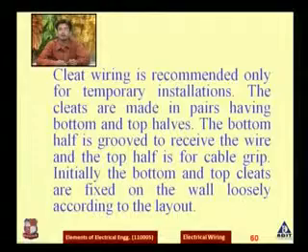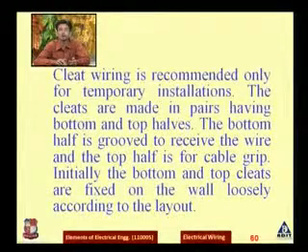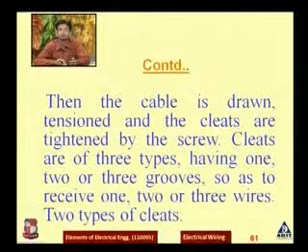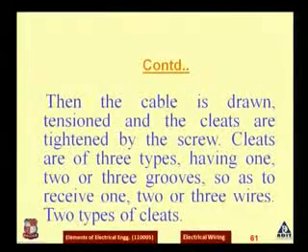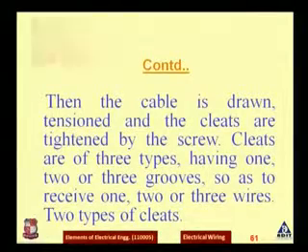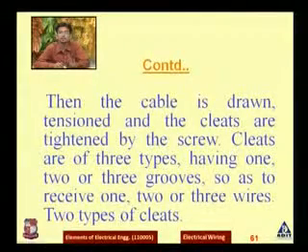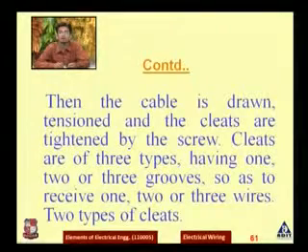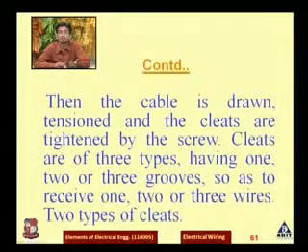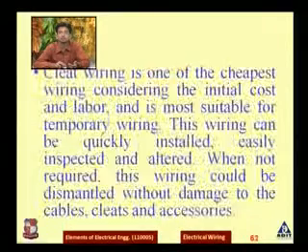Initially the bottom and top cleats are fixed on the wall loosely according to the layout. Then the cable is drawn, tensioned, and the cleats are tightened with the screws. Cleats are of 3 types, having 1, 2 or 3 grooves, so as to receive 1, 2 or 3 wires.